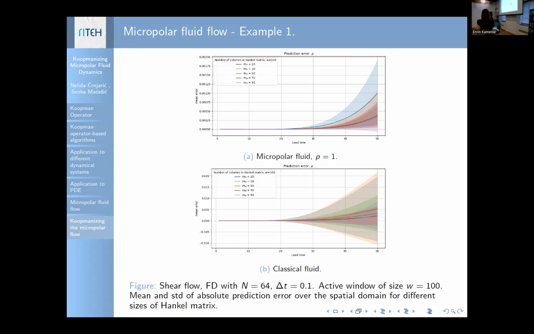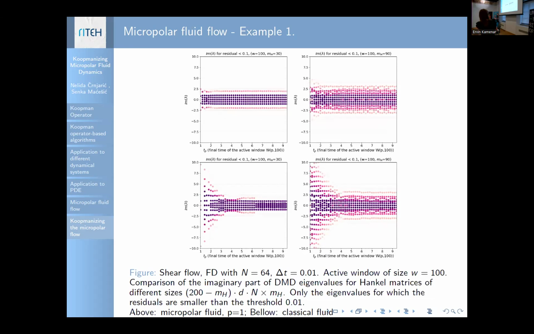We can see that it exponentially increases with time. But the lead time here is, as I said, set to 50. So for 50 time steps, I evaluate this prediction. I show here just the imaginary part of the eigenvalues that are obtained by sliding active windows.